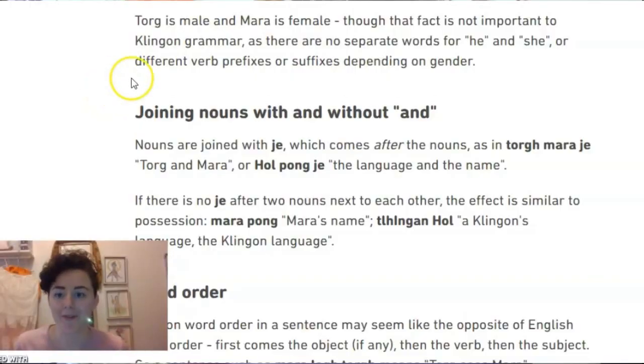Okay, so this is a fun one. Joining nouns with and without and. Nouns are joined with edge, which comes after the nouns, as in Torg, Mara, edge, Torg and Mara, and Ho, Pung, edge, the language and the name. That's kind of cool. If there is no edge after two nouns next to each other, the effect is similar to possession.